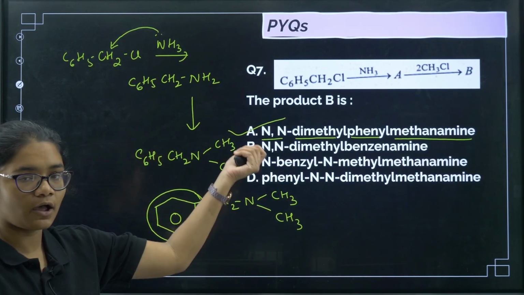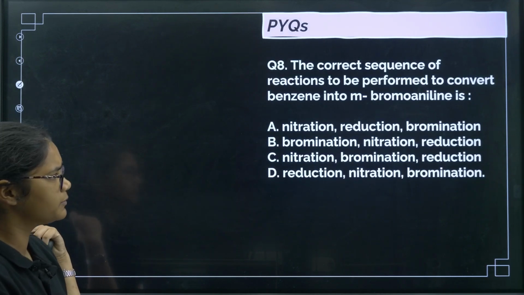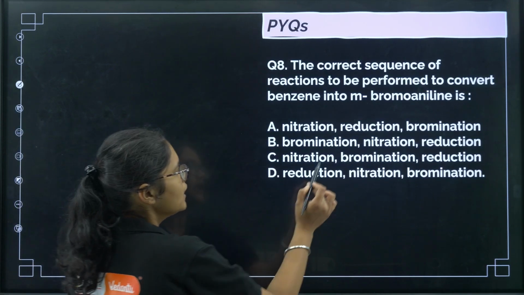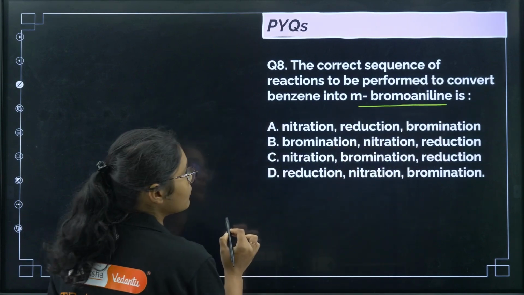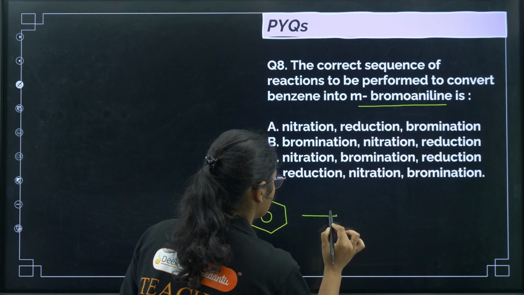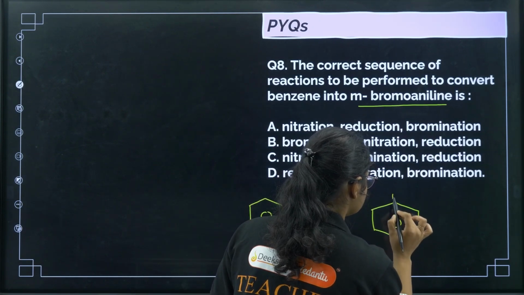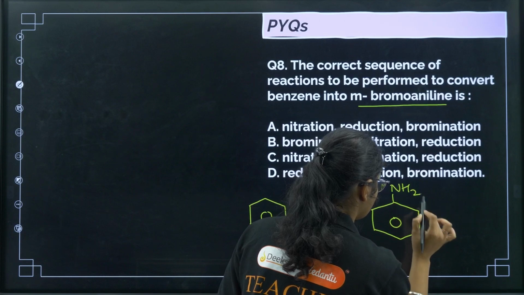Okay, again this is also a previous year question. Next, the correct sequence of reactions to be performed to convert benzene to m-bromoaniline. So you have to convert benzene to m-bromoaniline. Okay, so you have NH2 here.